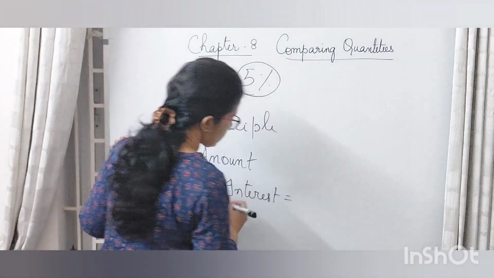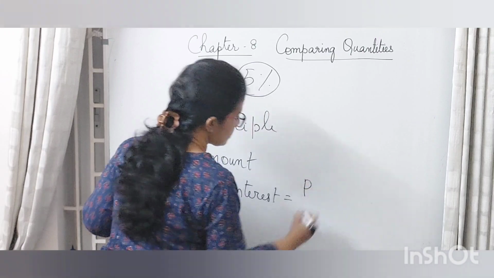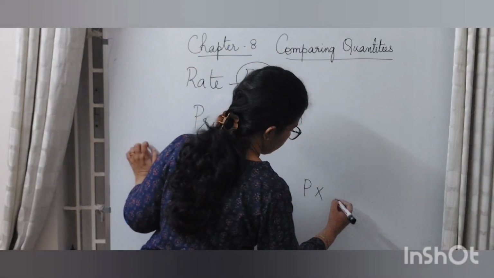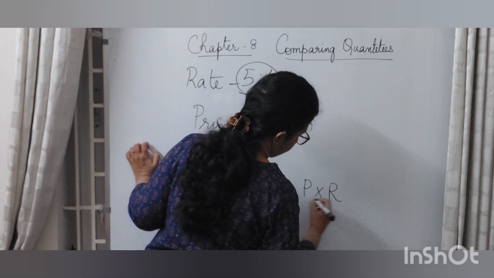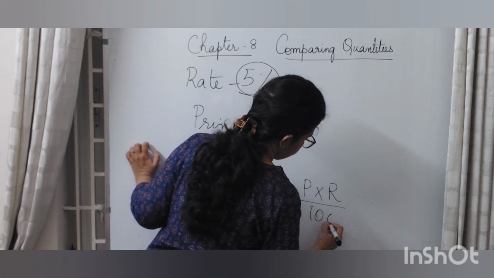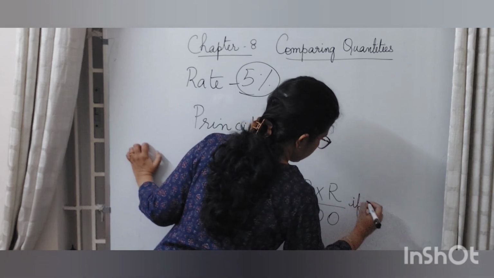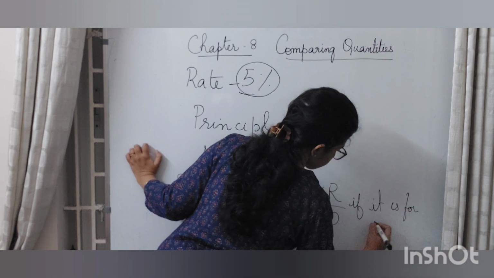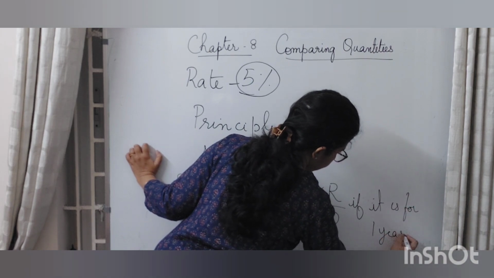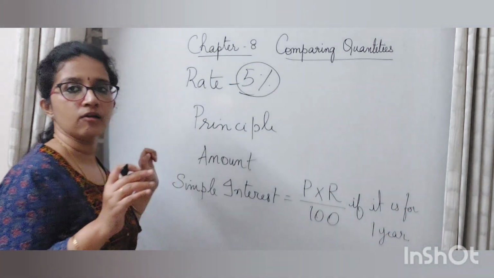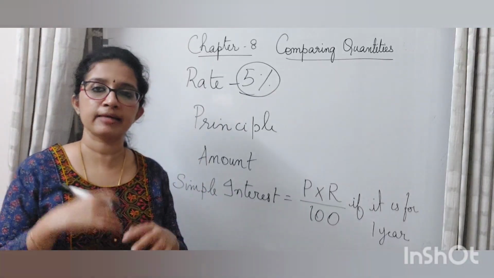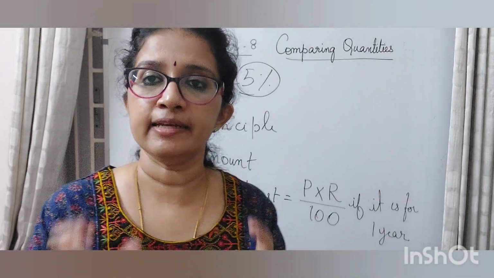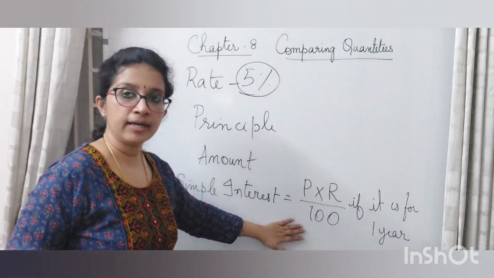The formula is principal, that is P, into R by 100, if it is for 1 year. If you are taking a loan for 1 year, and you are telling you'll return the money in 1 year, then the interest is P into R by 100.